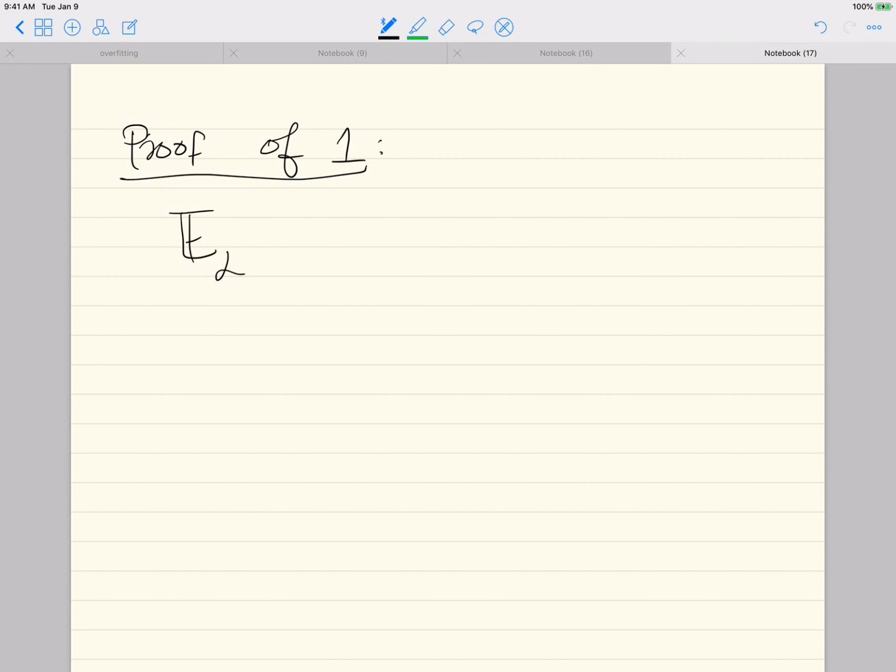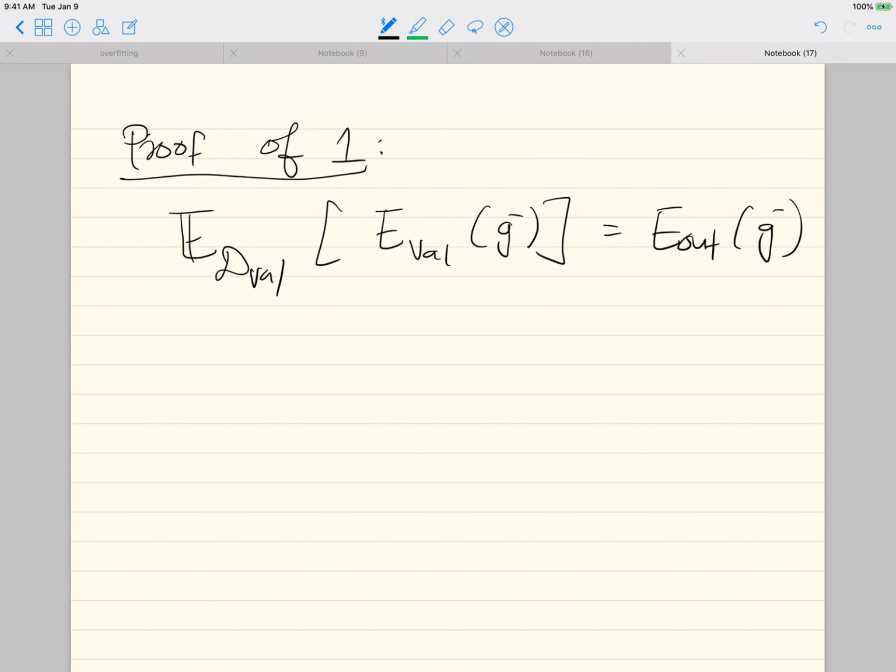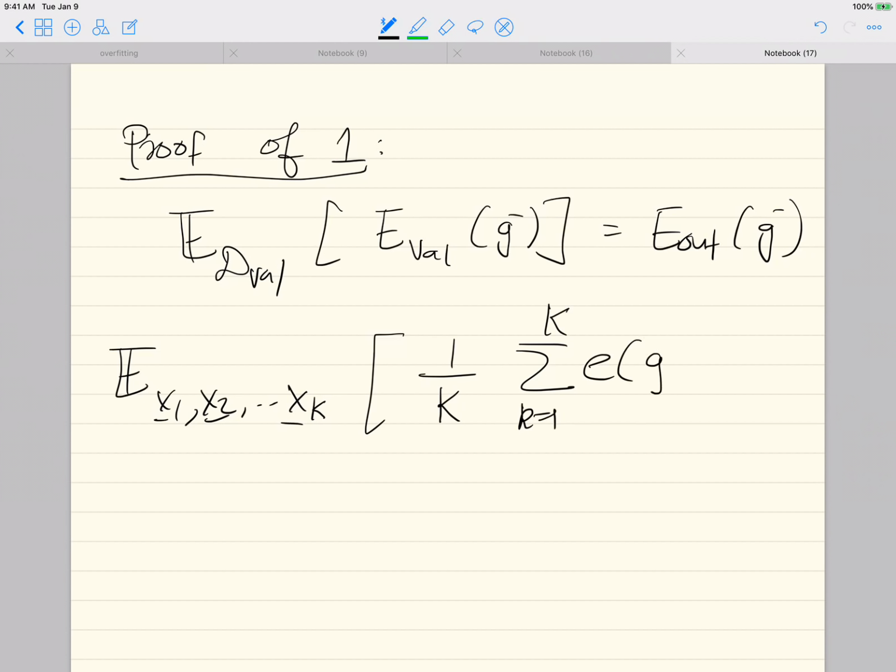What we want to show is that the expected value over D_val of E_val of g minus is E_out of g minus, right? So the expected value over D_val is the expected value over the data points. So the expected value over x1 to xK of E_val, which is 1 over K times the summation from k equals 1 to K of e(g minus of x_k and y_k).